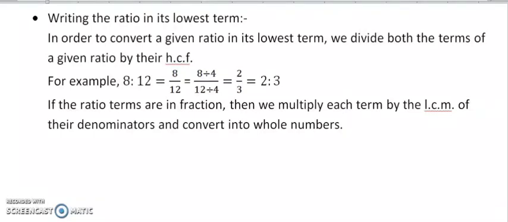Clear? So in this way you can simplify the complex ratios or complex fractions.